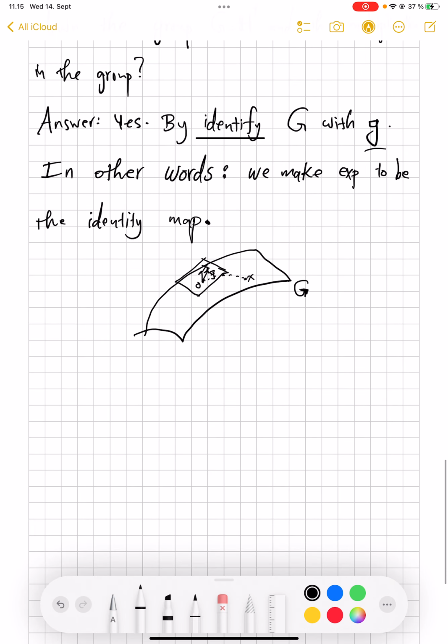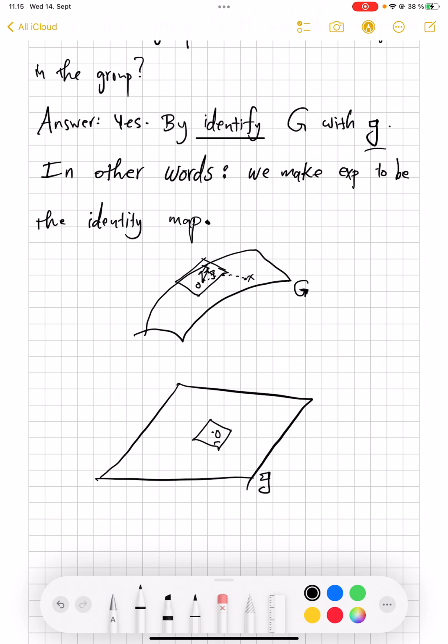Under this identification, what you're doing is that you had this G as your Lie algebra, as your vector space, but all of a sudden you put a copy, so this is the origin, and you put a copy of G here. Now this larger G, you think of it as the group, and this copy at the origin, you think of it as the tangent to G at 0.